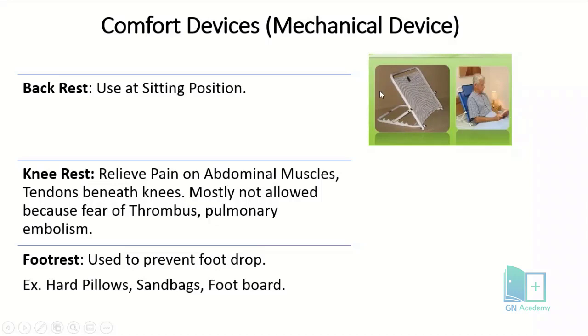As you know, nowadays most of the beds are designed for integration of these comfort devices. Even so, we should remember what exact comfort device we can use. This backrest device can be set at different angles, like 30 degree, 45 degree, 90 degree, and 180 degree.